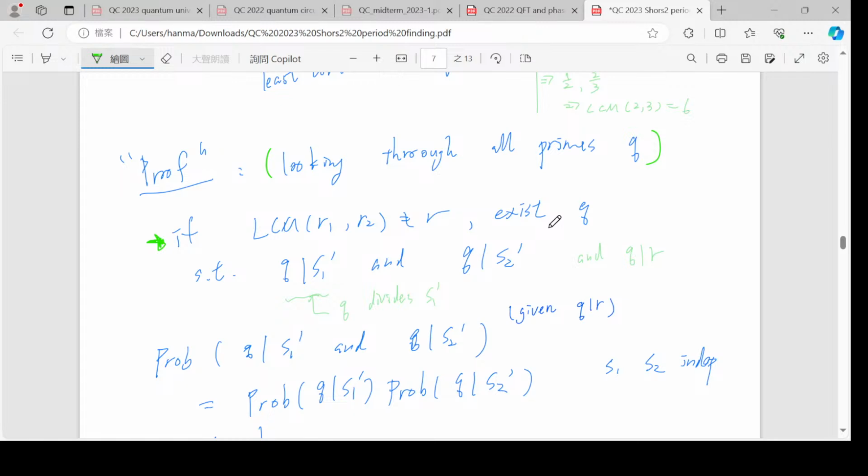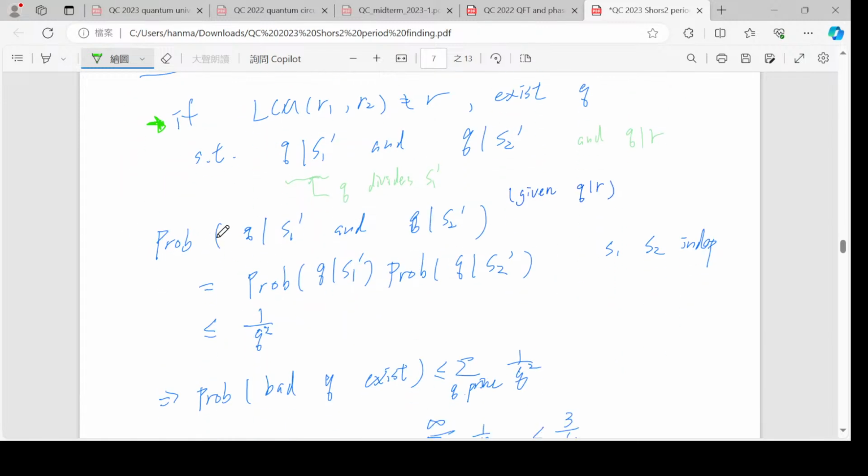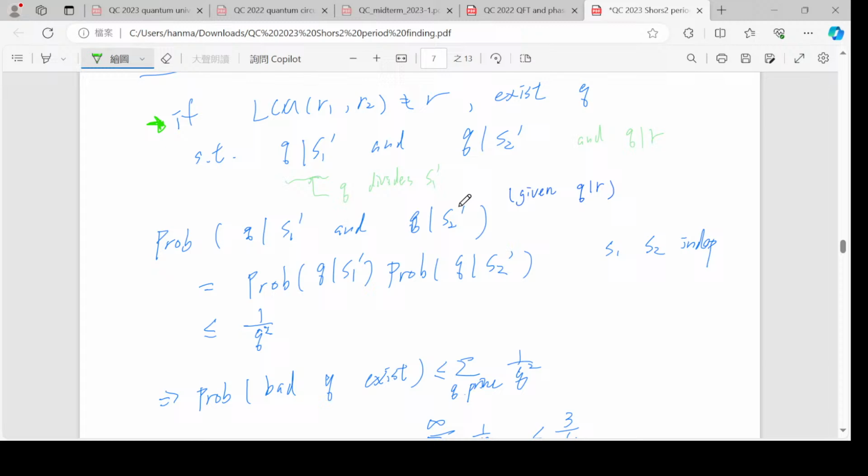Okay, so if we have those two things here, then we now calculate the probability. So now we think about we draw S1 prime and S2 prime uniformly at random from 0 to R minus 1, right?